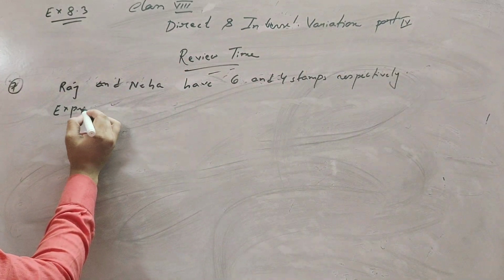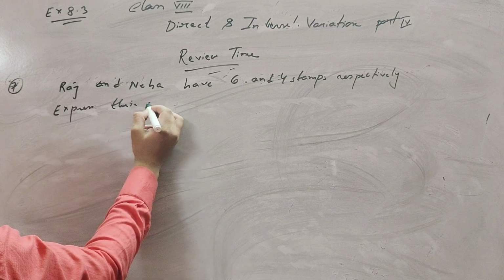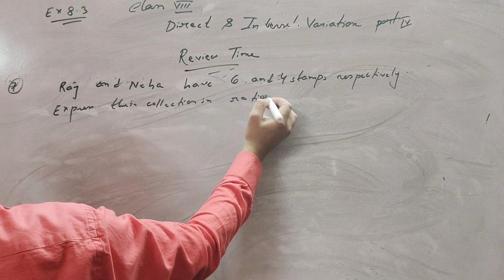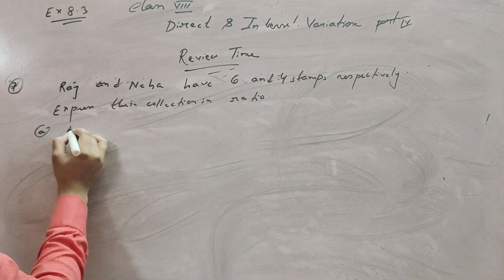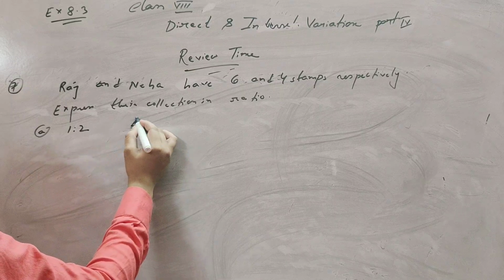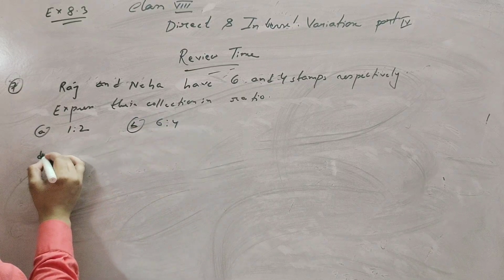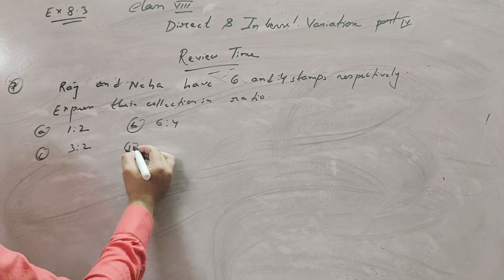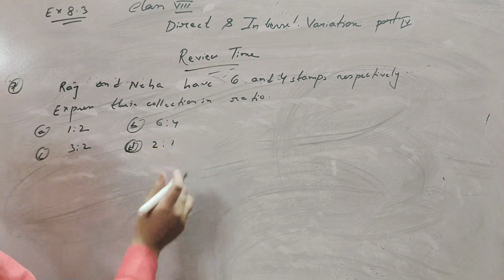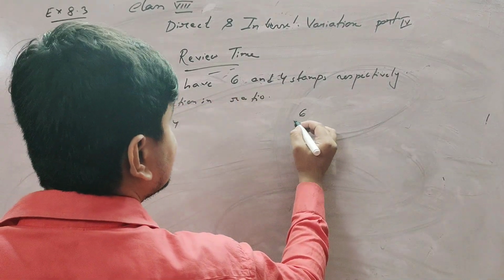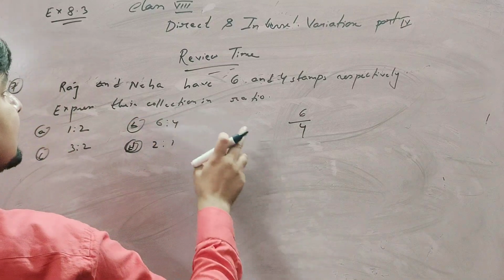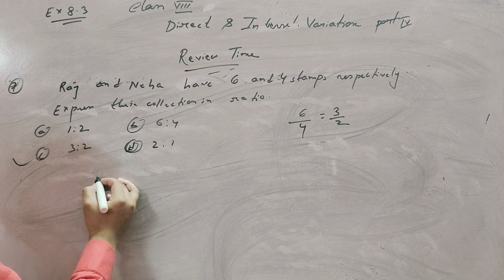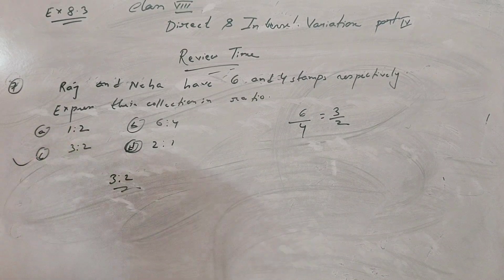Express their collection in ratio. Options: A 1:2, B 6:4, C 3:2, and D 2:1. So Raj and Neha have 6 and 4 stamps. Express their collection in ratio. When you cut it down, we get 3:2. So the answer is C, 3:2. Clear?